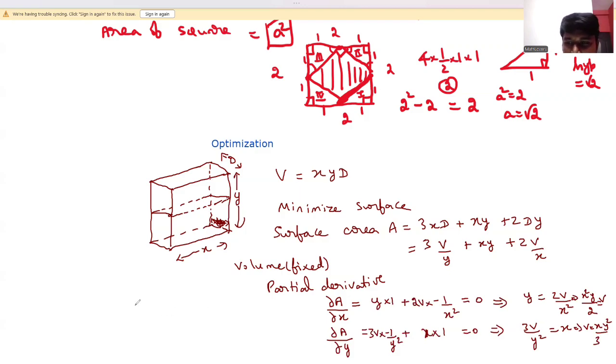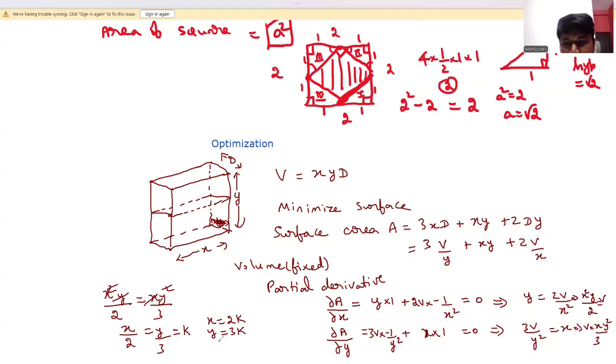Now if we compare both, x square y by 2 and xy square by 3, x gets cancelled, y gets cancelled. I'm left with x by 2 equal to y by 3. If I take it as a ratio and compare them to a number k, x equals 2k, y equals 3k.